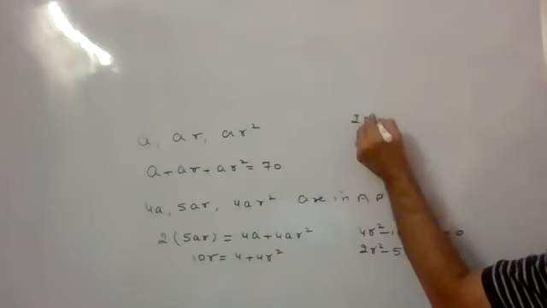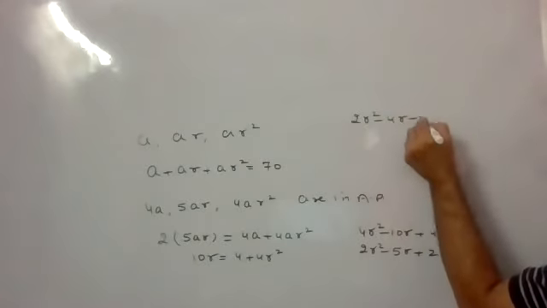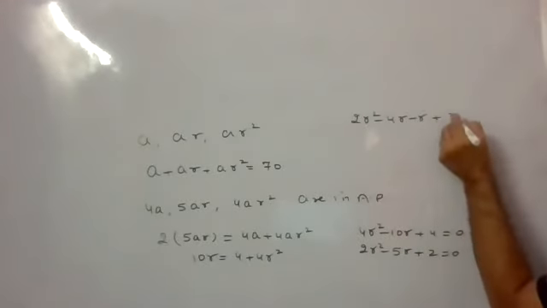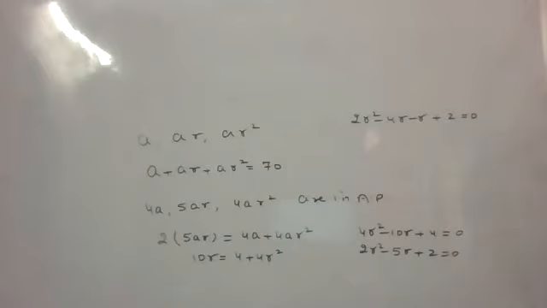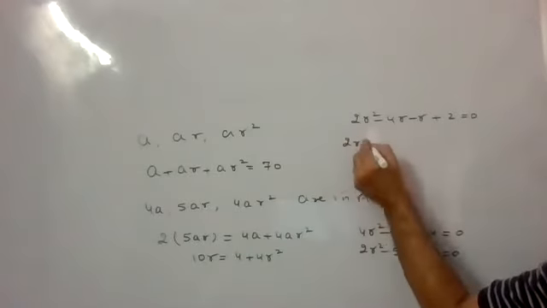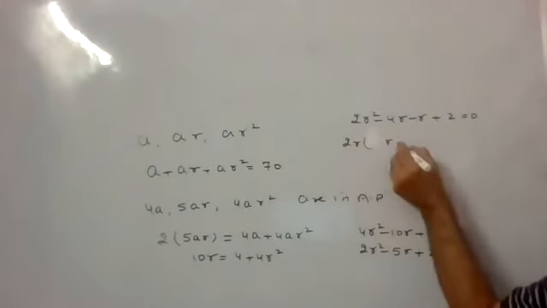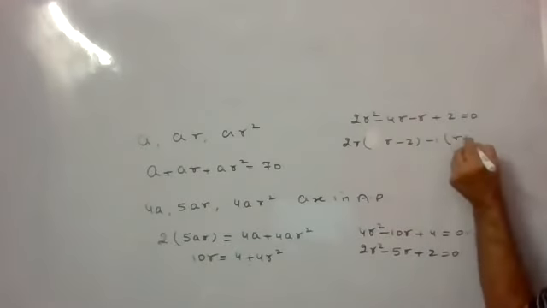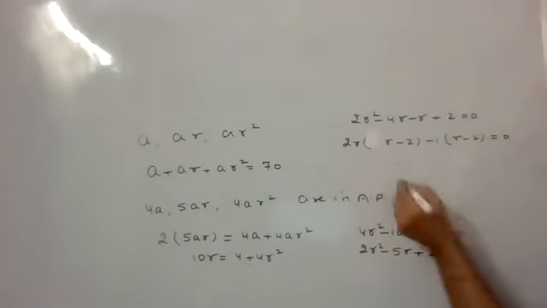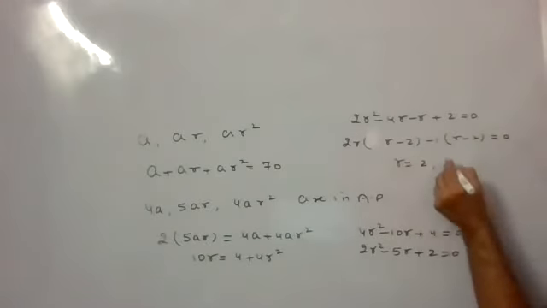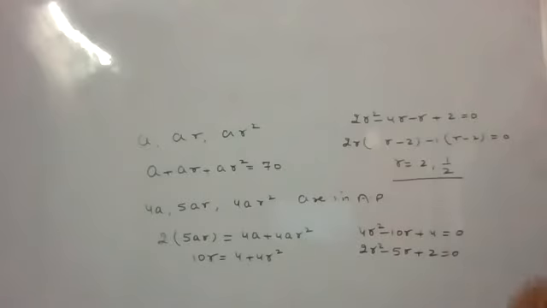Minus 4R and minus R, plus 2 equals 0. Then 2R is common: 2R times (R minus 2), minus 1 common times (R minus 2). So R is coming 2 or it is coming half. Okay, so we got R is 2 or R is half.